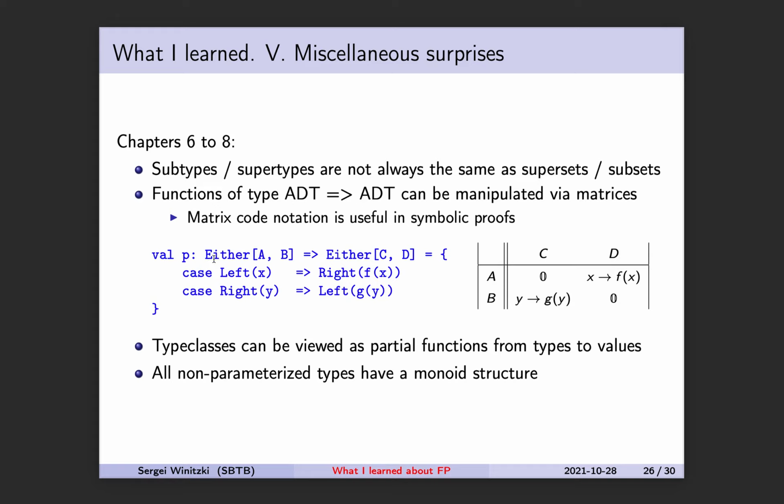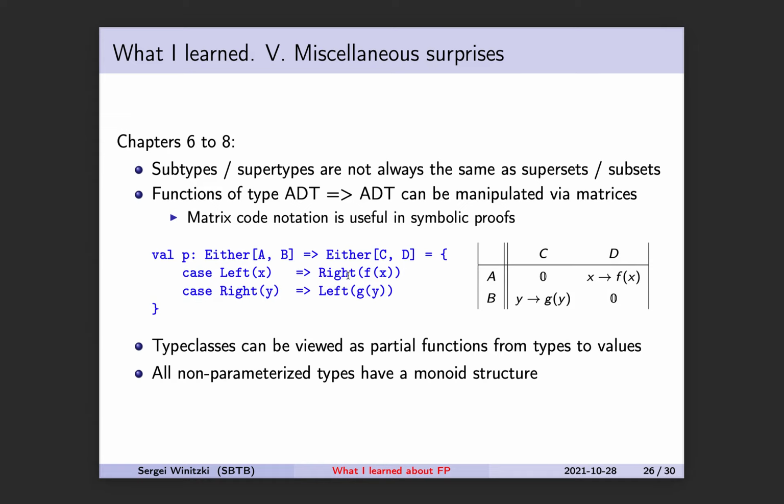So here's an example. If you have a function that takes either a, b, returns either c, d, and the code is a pattern match of some kind, then you can write this as a matrix in this form. You annotate the types of each part of the disjunction on the input and on the output. And then in this matrix, in each row, you will only fill one place, because there's only one part of the disjunction that you can return.